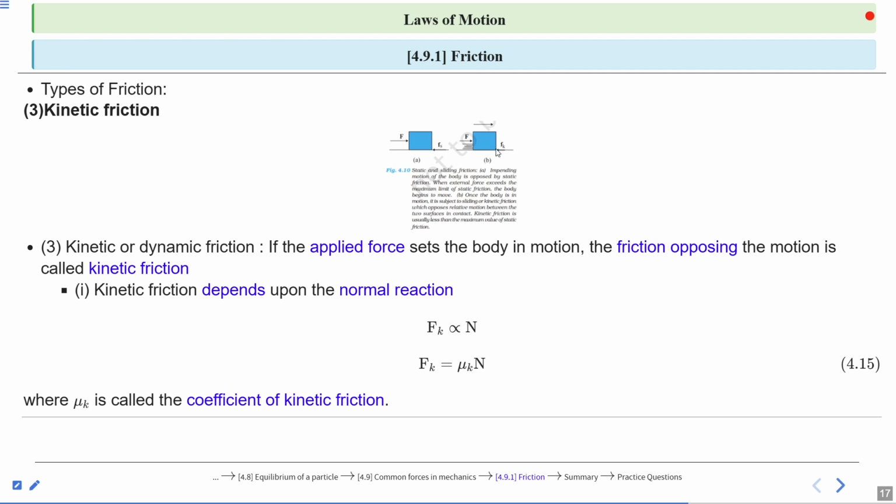Look at the 4.10 B graph. Your applied force is F, and the kinetic friction is Fk. When the applied force is greater than the kinetic friction, in that case the block will move.